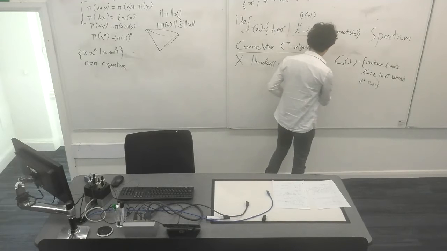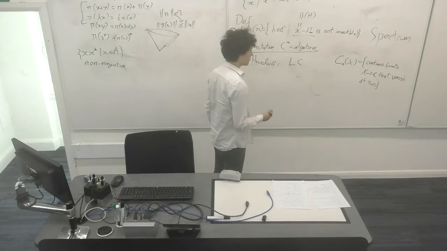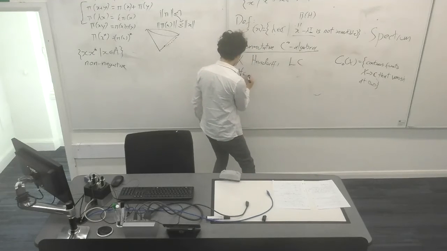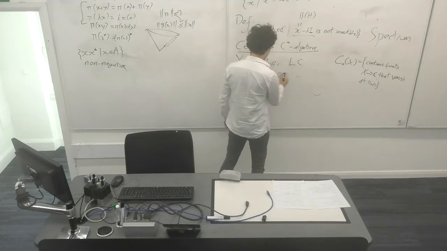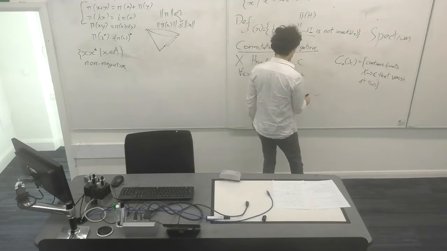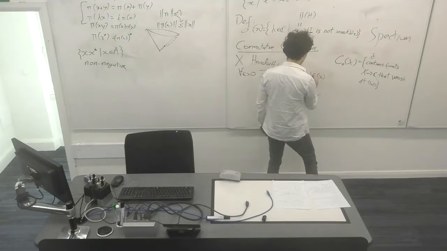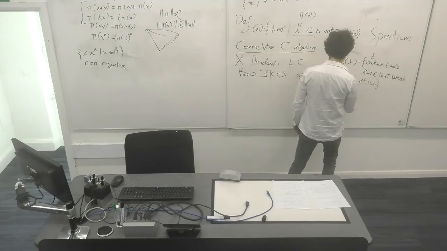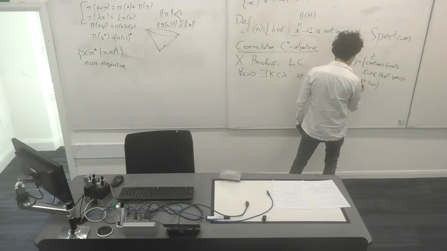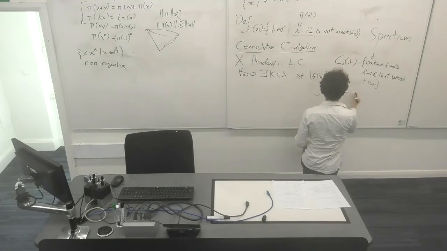The typical analytic definition is: for all epsilon greater than 0, there exists a compact set K in X such that the absolute value of f of x is smaller than epsilon for all x outside of the compact set.